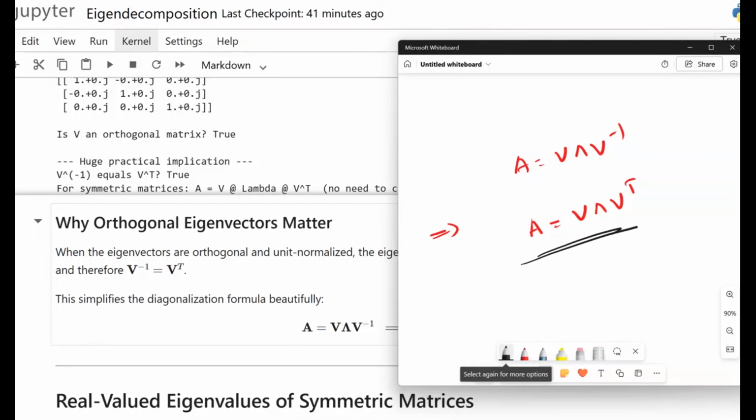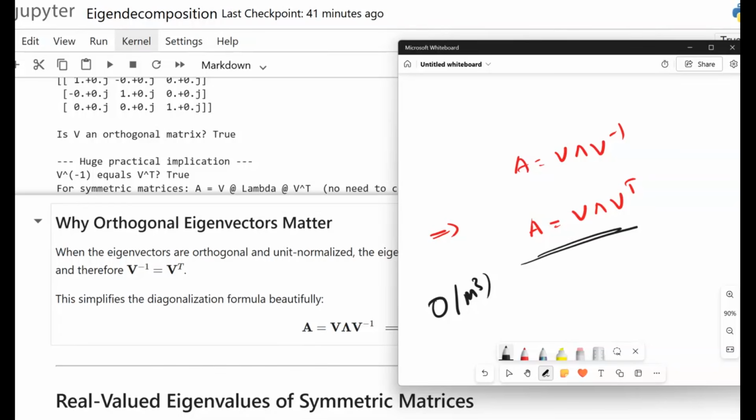And why is this such a big deal? Actually, computing a matrix inverse is expensive, big O of n cubed operations, and numerically unstable. A transpose is essentially free. You just swap row and column indices. And for symmetric matrices, we never need to compute V inverse. We simply use V transpose.